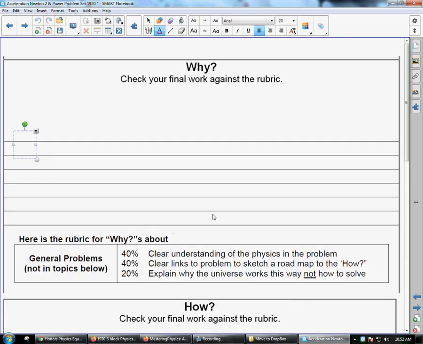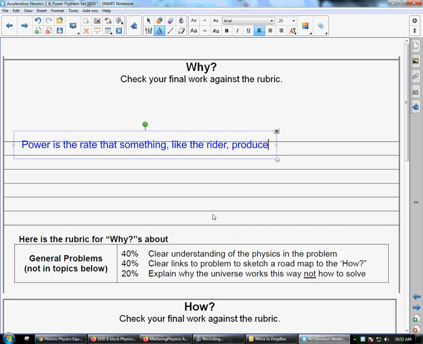So I'm looking for that relationship between power and energy, and power is the rate that something, like the rider, produces energy. The more power, the more energy.